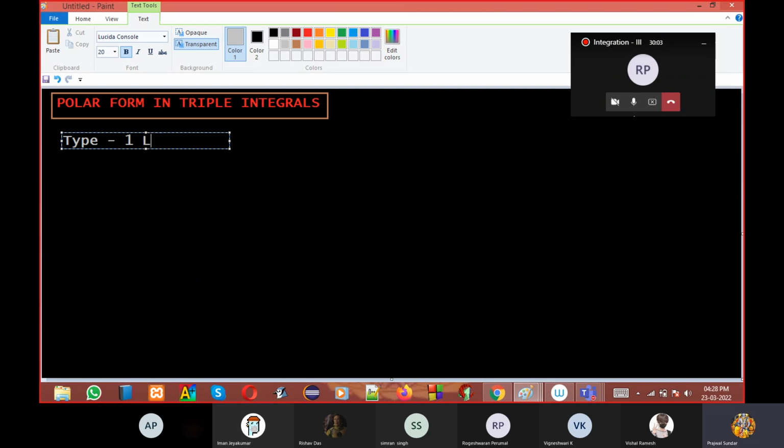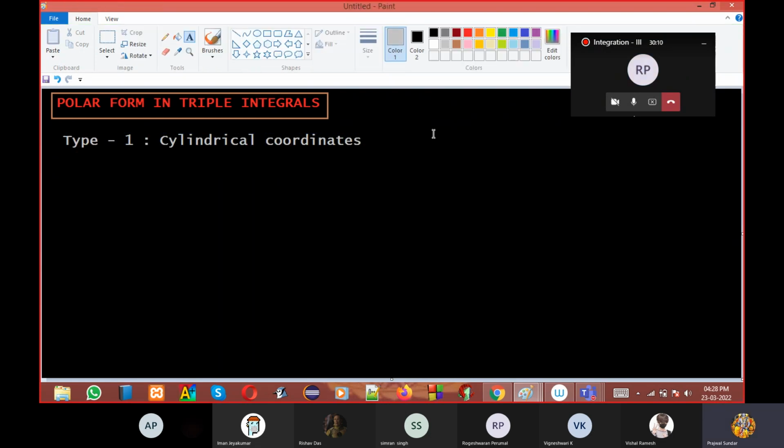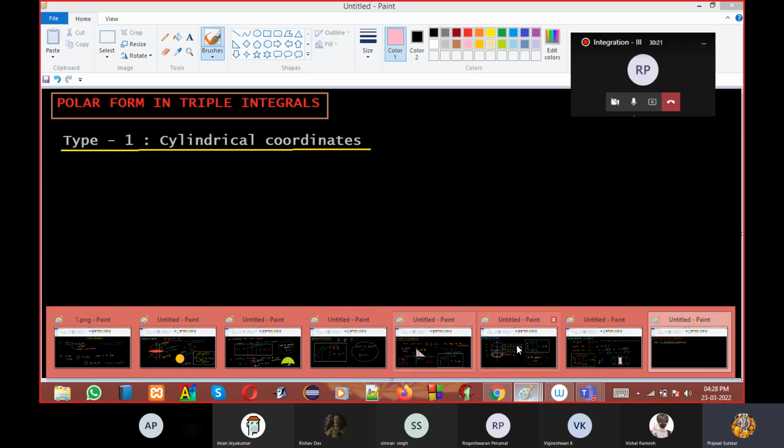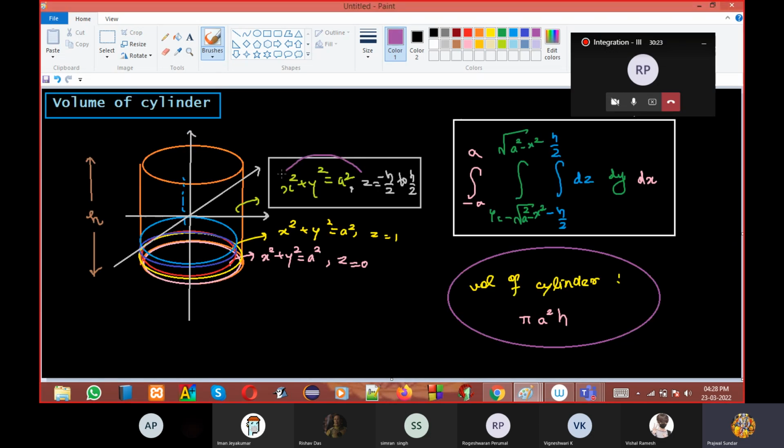Type 1: cylindrical coordinates, which is very easy with very little visualization. You visualize like a cylinder. In a cylinder, the equation is x squared plus y squared equals k only, but the height we are varying, so we are adding many circles.